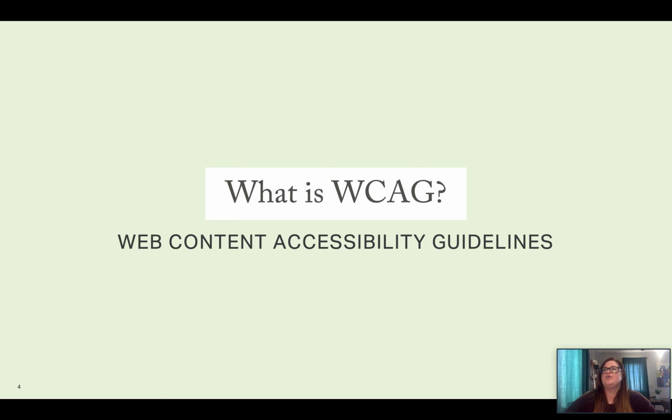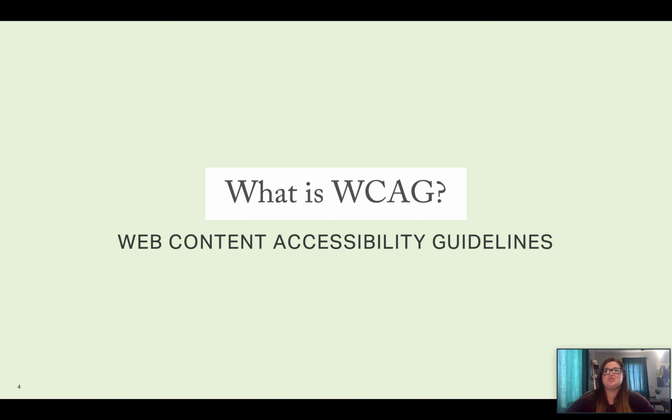The goal of WCAG was to provide a single shared standard for web content accessibility that meets the needs of individuals, organizations, and governments internationally. It was originally published in December of 2008, as WCAG 2.0. WCAG 2.1 was published in June 2018.